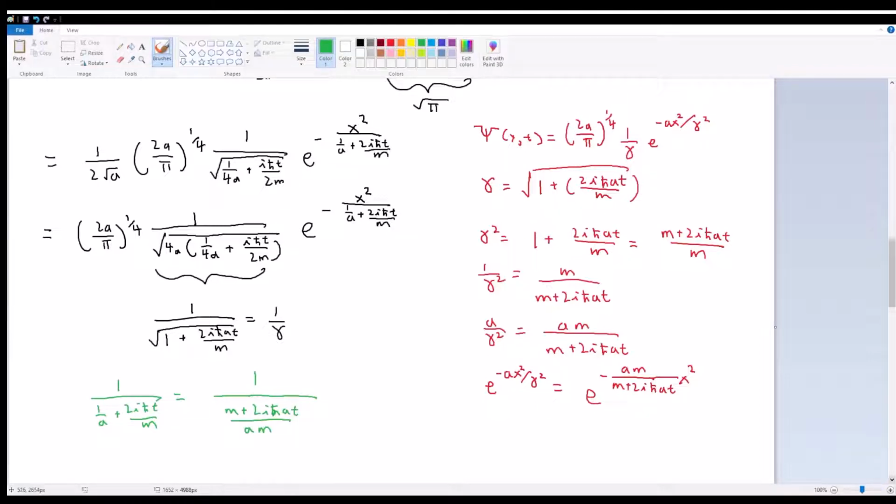Is that correct? m at the top, m at the bottom, a at the top, a at the bottom, so m plus 2i h bar at. Yeah, and taking the reciprocal of this is going to give us am over m plus 2i h bar at, and that's exactly what we want. That's what this equals. So therefore, we have the answer. Psi of x comma t does indeed equal everything written here, with gamma being defined as this. And with that, we are done with part B.